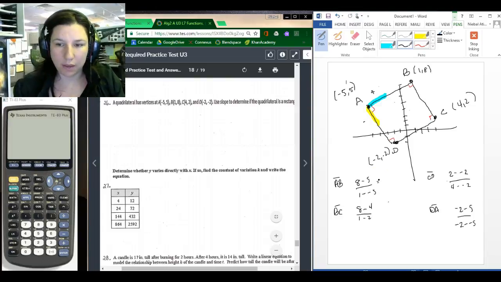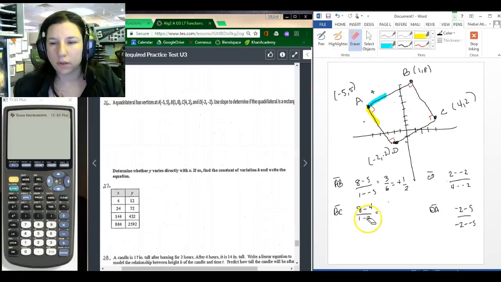So here we get 3/6, which is +1/2. And here we get 4 over a negative... 1 minus 2, and I'm looking at it, so we were doing B over C, right? So we should actually, let's color code these.